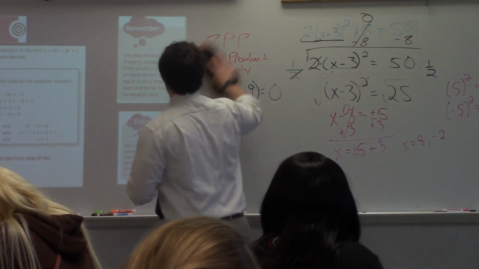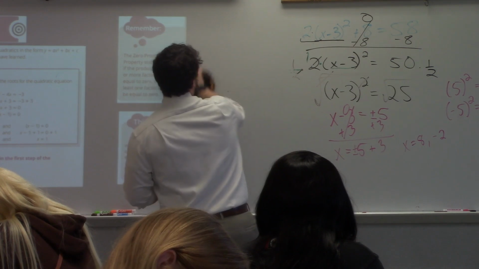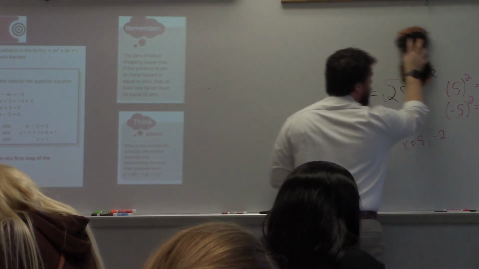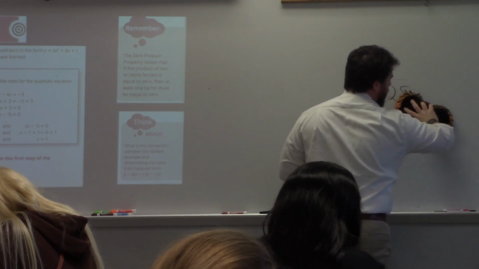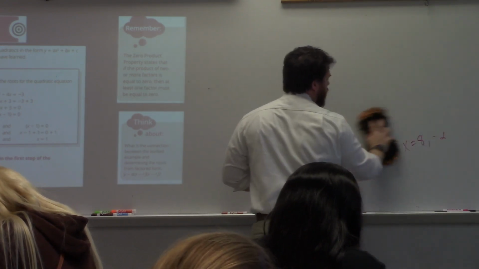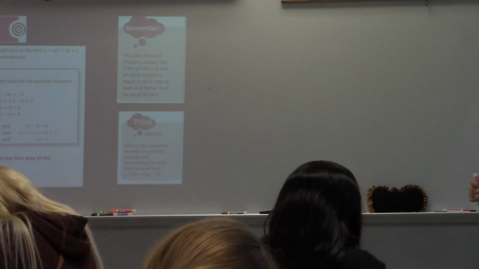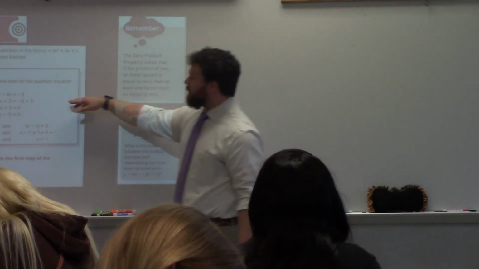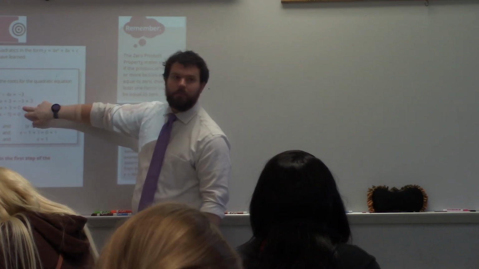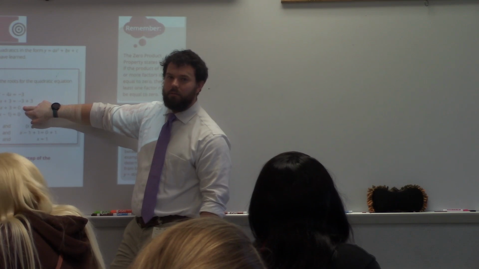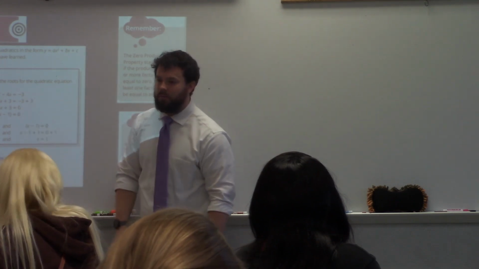You should have notes on this page. I'm going to quickly go back through these ideas, and we're going to do one together to make sure everyone has these notes. But first things first, we see in the worked example, they get their equation equal to what? 0. Why? Because they want to use what property?